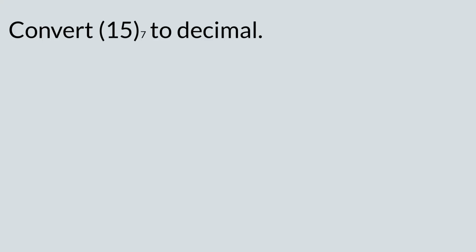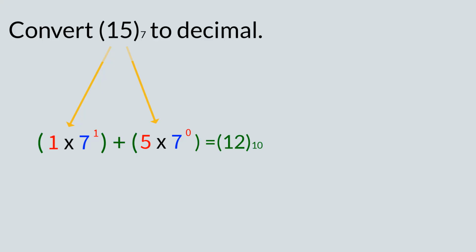Let's look at an example of a base 7 number, 15. The number is 15, but the base is 7, so the place values are the powers of 7. The digit 1 is in the 7 to the power of 1 position, and the digit 5 is in the 7 to the power of 0 position. So we get 1 multiplied by 7 to the power of 1 plus 5 multiplied by 7 to the power of 0.